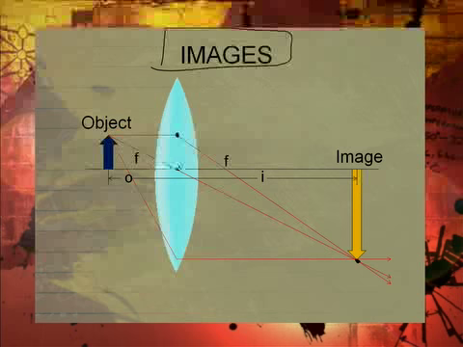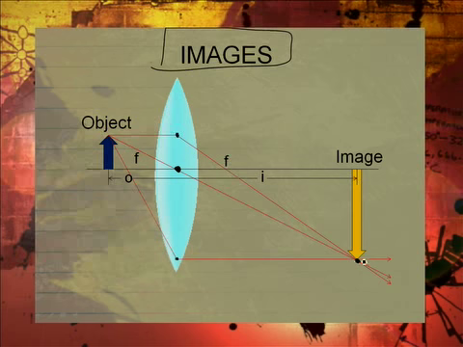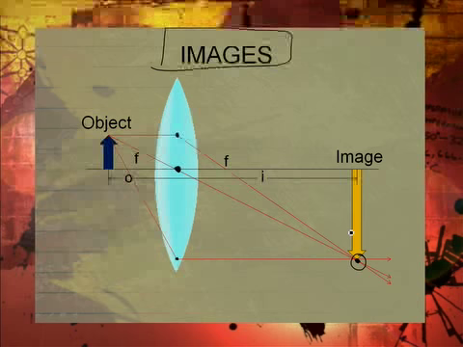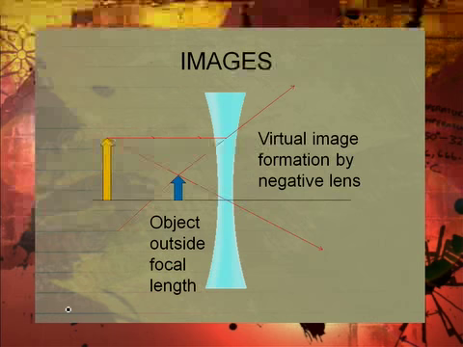This one here has passed through the optical center and no refraction occurs, so it moves straight. Another one down here changes direction, and where they all come together is where the image is going to be formed. So that's for the convex lens.